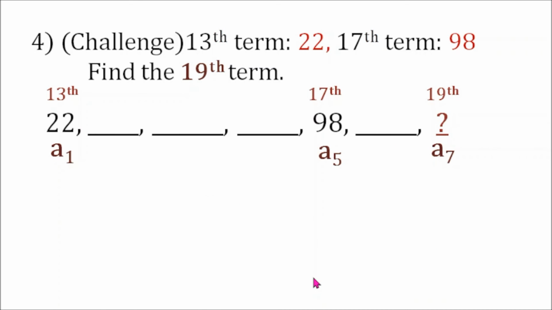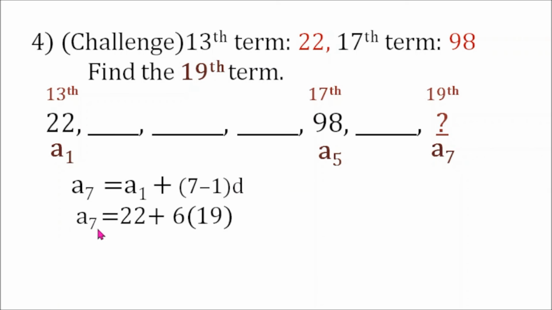Now we are going to find the 19th term. We are going to use our formula. So a sub 7 equals a sub 1 plus 7 minus 1 times d. So a sub 7 is the one that we do not know.